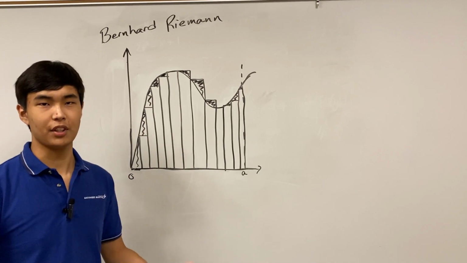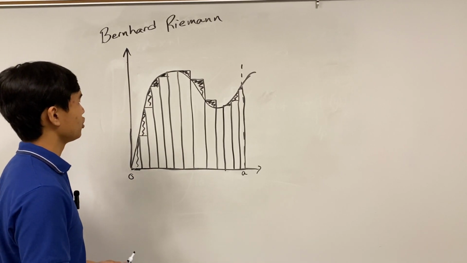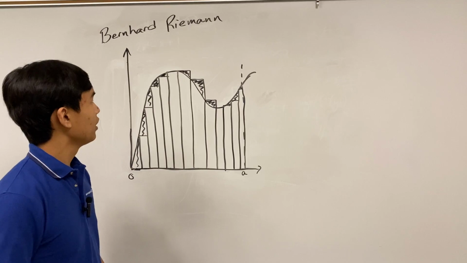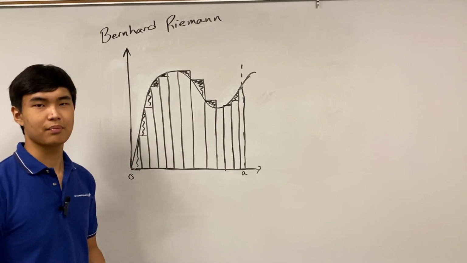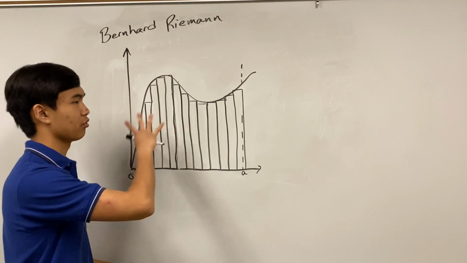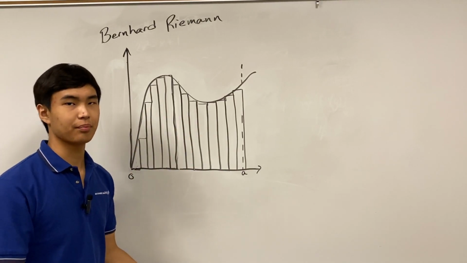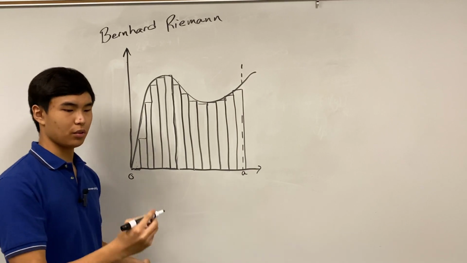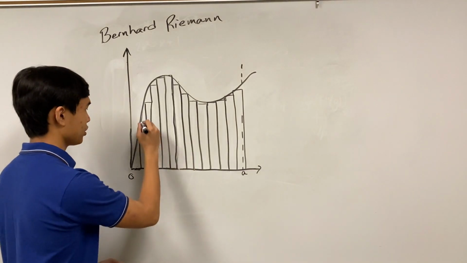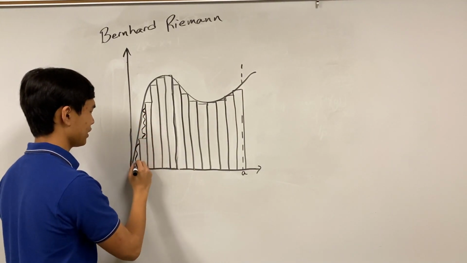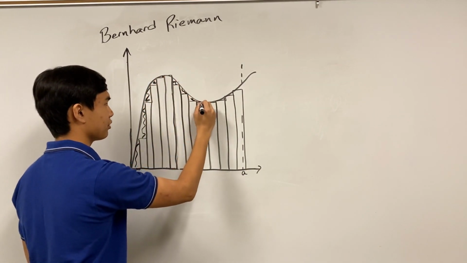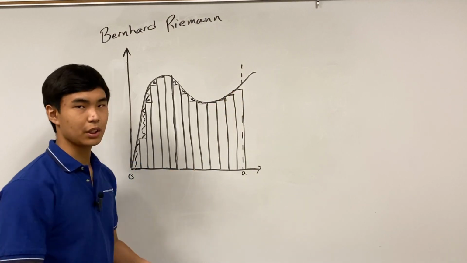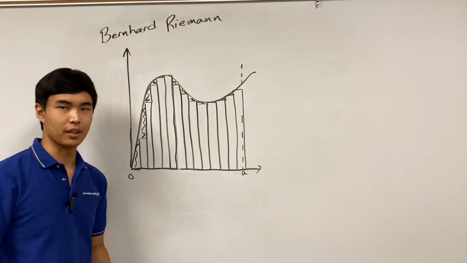Well, first let's try to keep the rectangles all inside the graph, and let's see what happens. Now, more or less, all the rectangles are inside the curve. But we're still underestimating because we're missing some of this. We're still missing a lot of the curve, right? So how can we make this better?